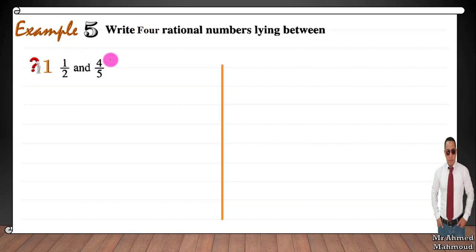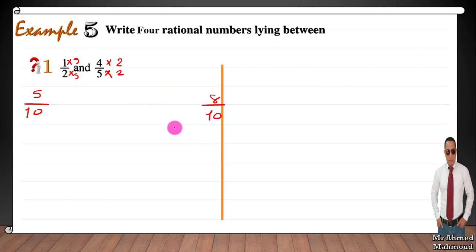So I'm going to multiply this fraction by 5 up and down, and this fraction by 2 up and down. 1 times 5 equals 5. 2 times 5 is 10. 4 times 2 is 8, 5 times 2 is 10. Okay, now we have 5 over 10 and 8 over 10.